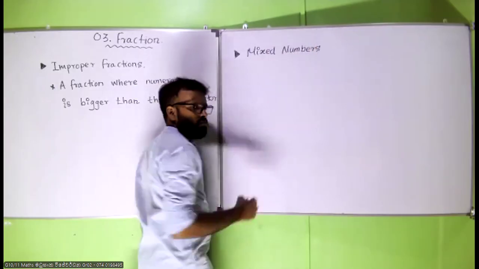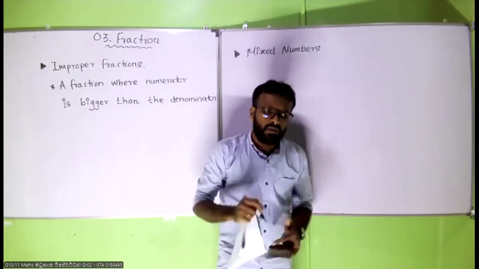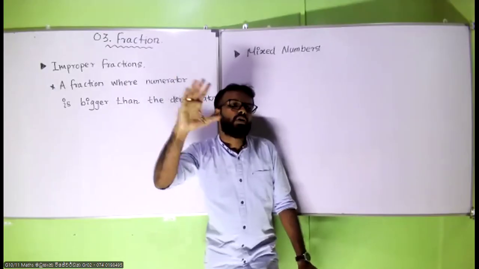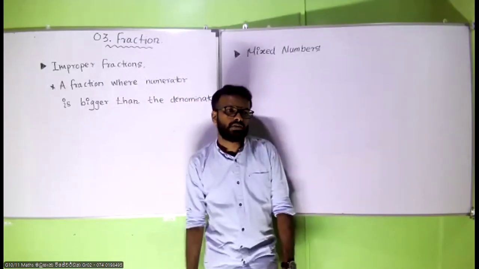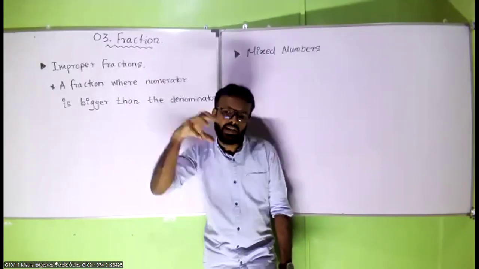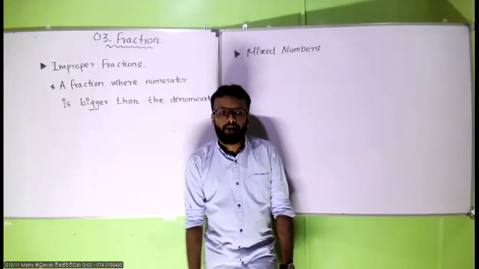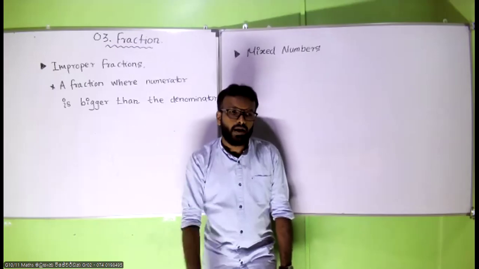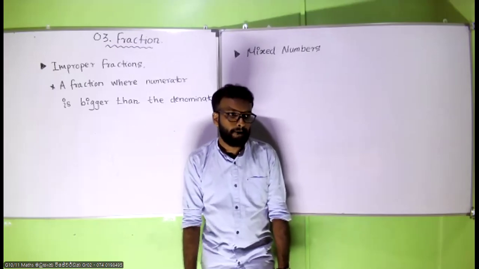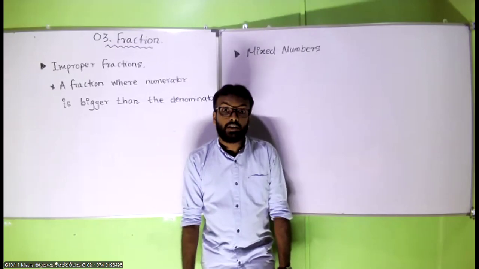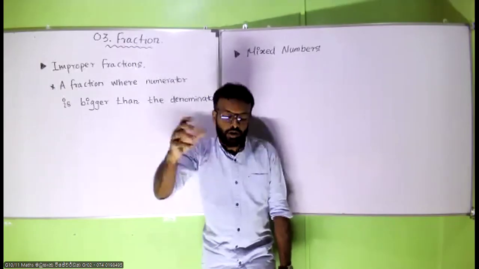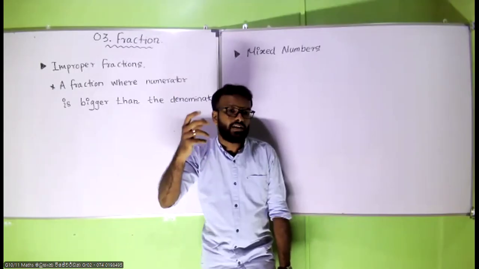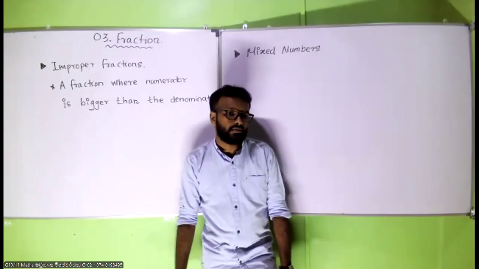Mixed numbers. Now, can anyone tell me how many parts are there for a mixed number? How many parts can you find inside a mixed number? 3 parts? Yes, that's also correct. So, can anyone tell me what are the 3 parts?